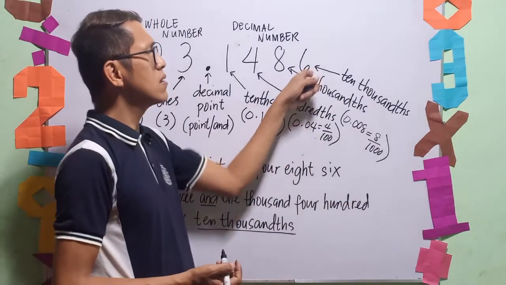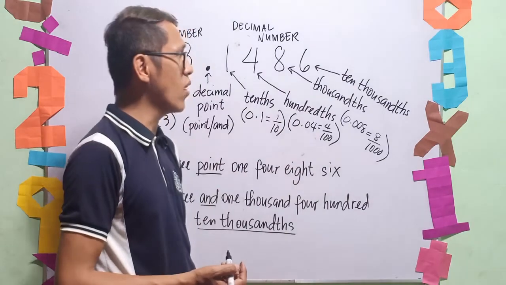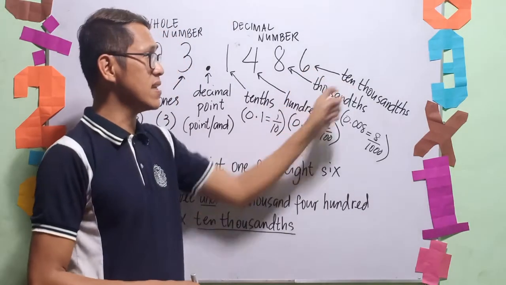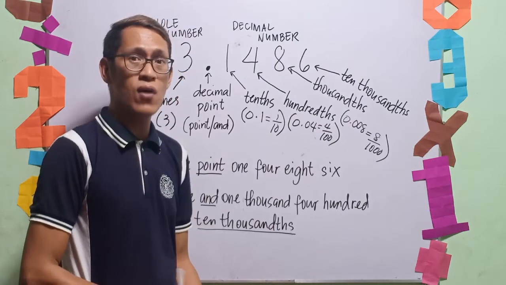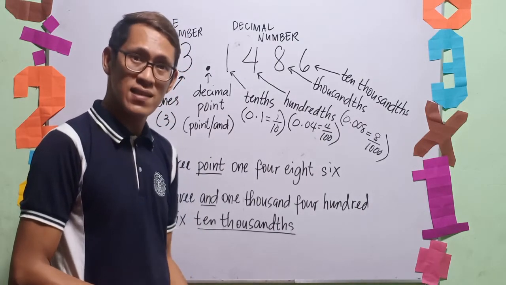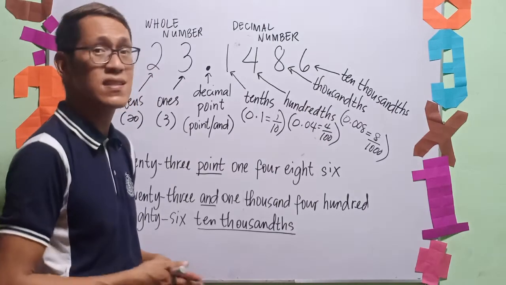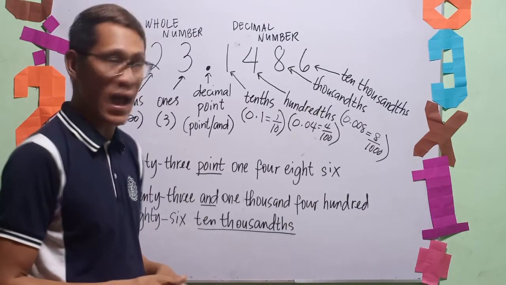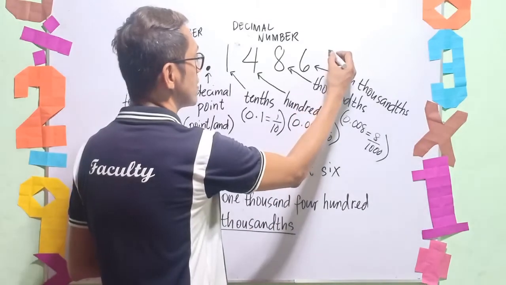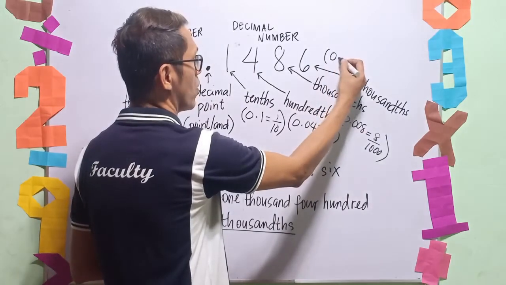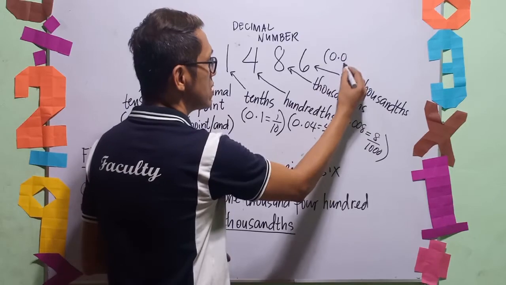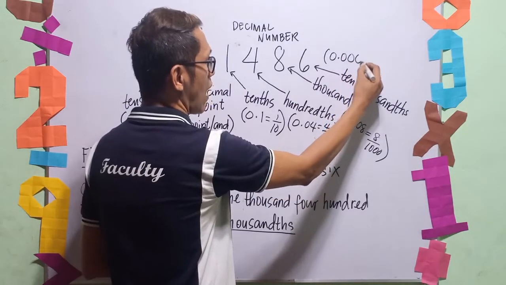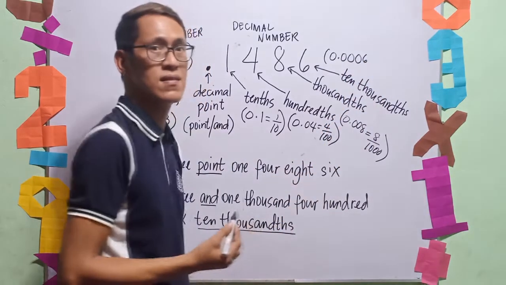What about the digit 6? What's the value of the digit 6? Digit 6 is in the ten-thousandths place. So what's the value of the digit 6? Yes, it's 6 ten-thousandths. So how do you write that in decimal? You write it as 0.0006. This is tenths, hundredths, thousandths, ten-thousandths.